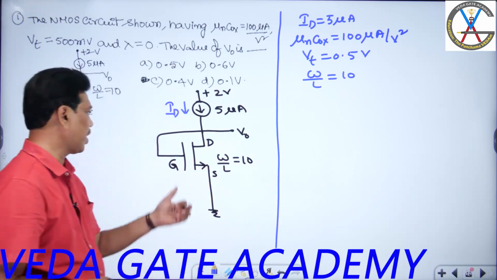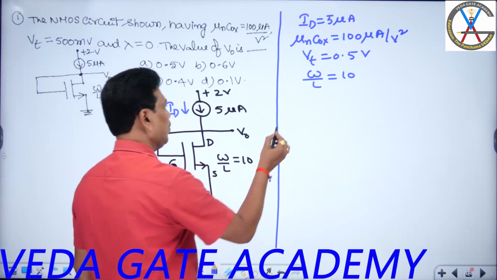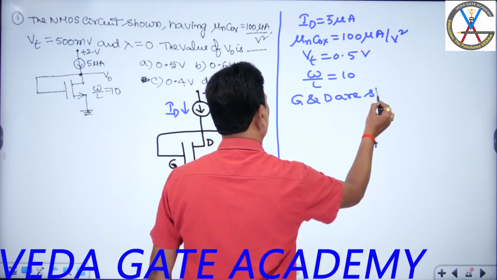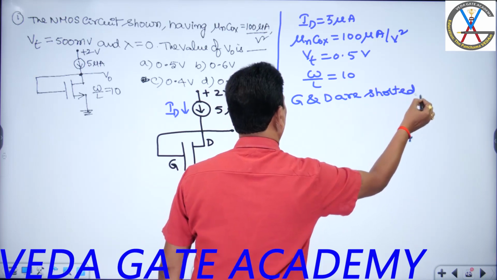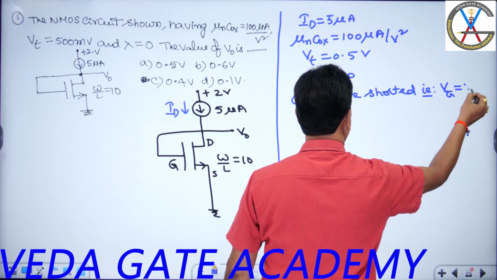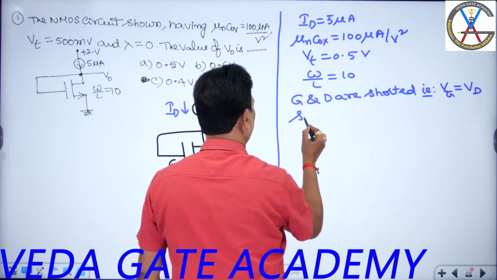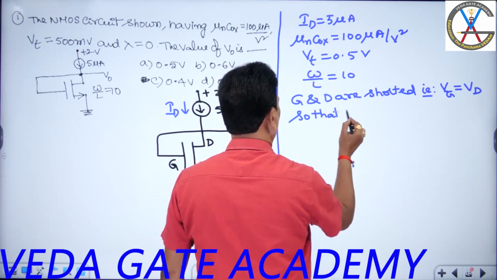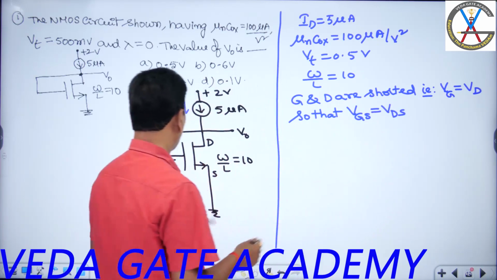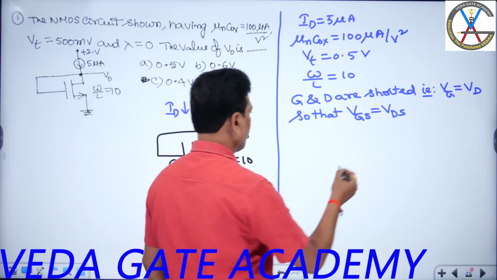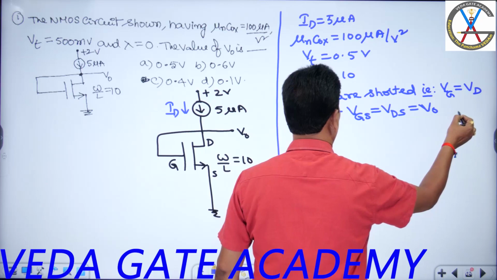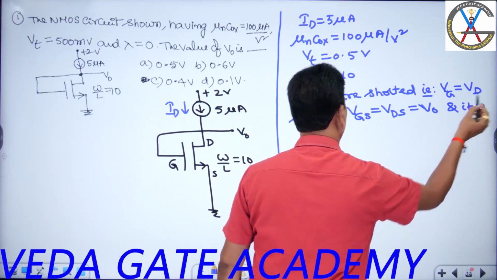If you observe this diagram, gate and drain are shorted, so the gate potential is equal to the drain potential. So VGS equals VDS, students, and that is equal to V0 here. As VGS equals VDS, it is in saturation mode.